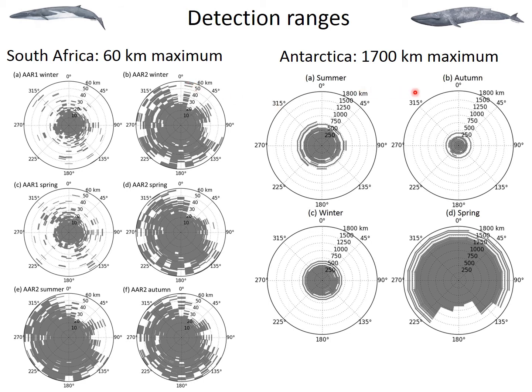And then in Antarctica, in spring, we had a detection range as high as 1,400 kilometers. And that was mainly because of variation in noise levels, where in South Africa we have ships, we have a lot of noise, and that tends to reduce the detection ranges of these whales. Whereas in Antarctica, especially in spring, the area was covered in ice, hence the detection ranges were that high.